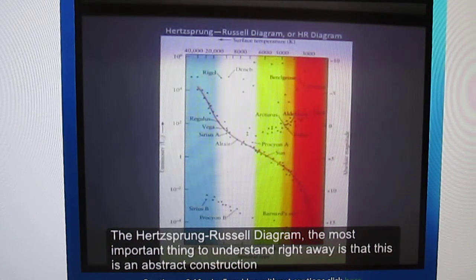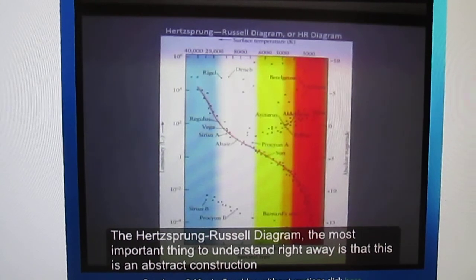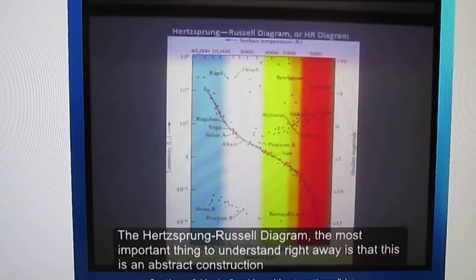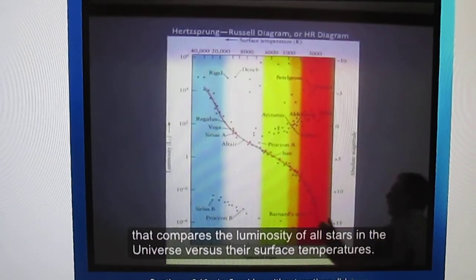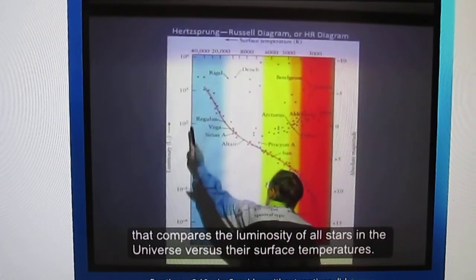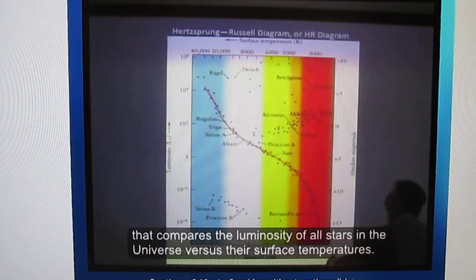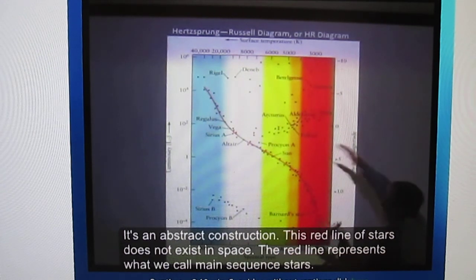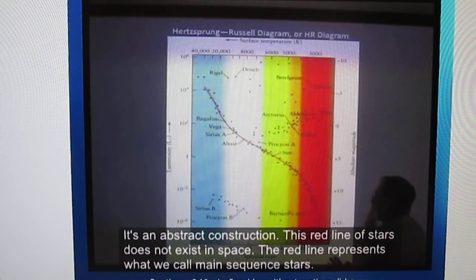The most important thing to understand right away about the Hertzsprung-Russell diagram is that this is an abstract construction that compares the luminosity of all stars in the universe versus their surface temperatures. This red line of stars does not exist in space.